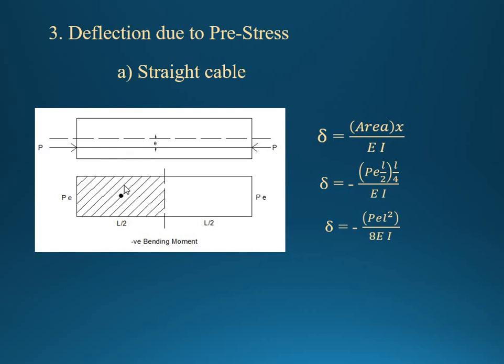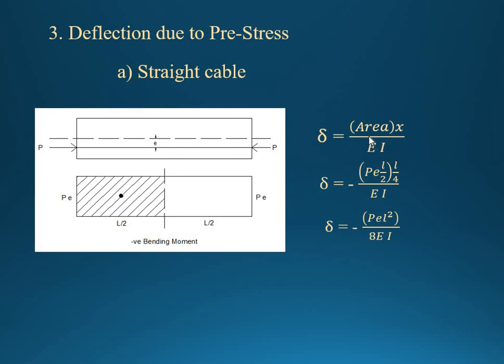We have considered half of this rectangle for the calculation, that is the L by 2 portion. The height of it is P into E. First of all, the standard deflection formula is delta equal to area into X by EI, where X stands for centroidal distance, or else I can also say area into centroidal distance by EI.